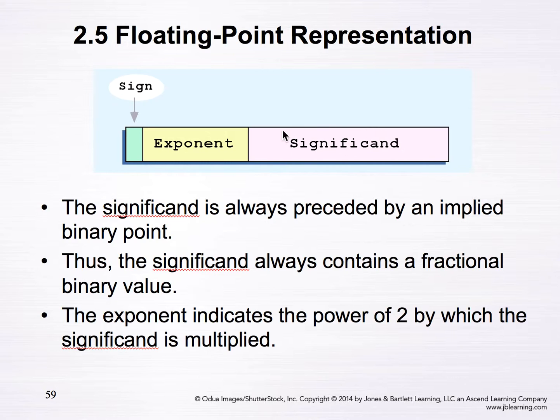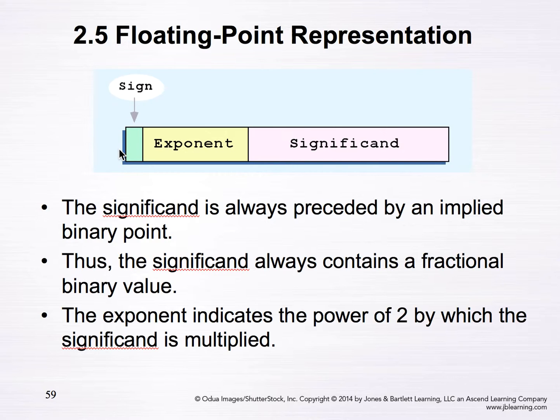All the bits represented here represent the fractional part of the binary representation. The exponent indicates the power of 2 by which the significand is multiplied. This part represents the exponent, the power of 2 that the significand is multiplied with, and the sign just represents the sign of the number.